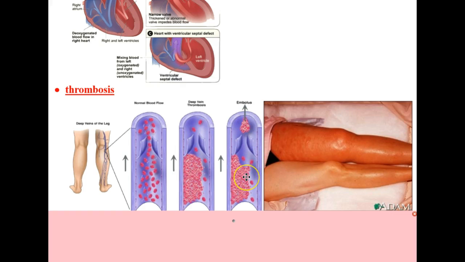These are dangerous because they can cause stoppages in blood flow in certain sections. Over here you see the result of a leg that has a thrombosis in it, where it's blocking blood flow, and so this is all swelling up here compared to this person over here with the normal leg.